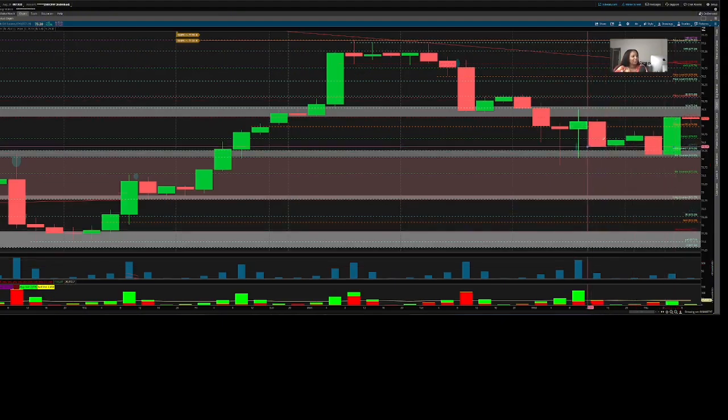So we have a double bottom on this 4-hour chart. We kind of popped from here a little bit, but then we came back down. We didn't go past this level I have marked, this 74.05, which was my entry for today. That already happened, but we're holding this level.